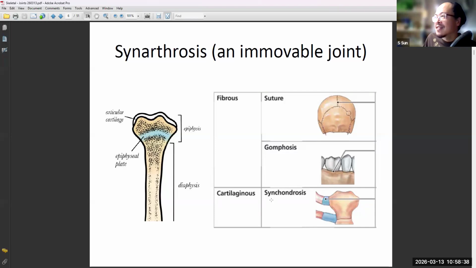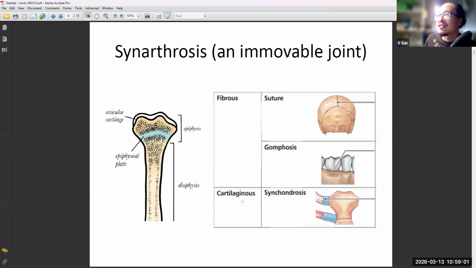So that's one example. Another example is, sorry, synchondrosis right here. Here is the sternum and clavicle, and this part is also pretty tight, and it's formed by the cartilage right here, cartilaginous.